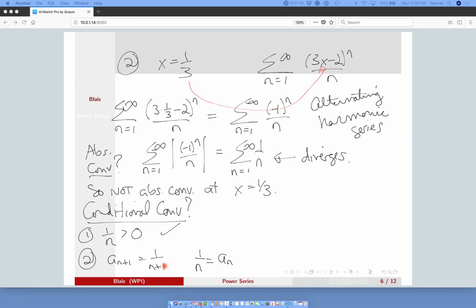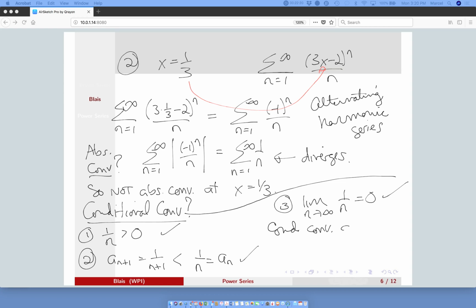Well, the one with the bigger denominator. So the terms are decreasing. And then finally, the limit as n goes to infinity of the terms, 1 over n, is 0. So we have conditional convergence at x equals 1/3. So we include it.